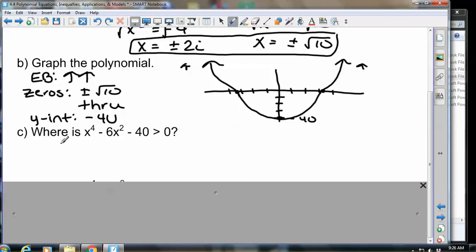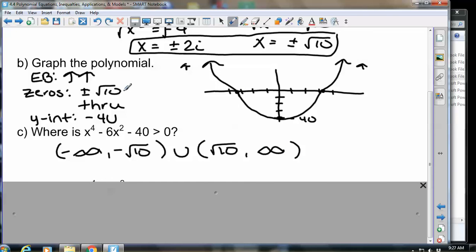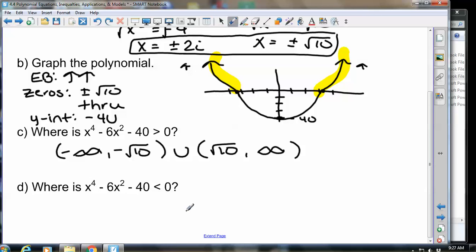Where is my graph greater than 0? We know what those points are exactly because we have the radical form. Greater than 0 is above the x-axis, so that's here and here. So less than 0 would be in the middle.